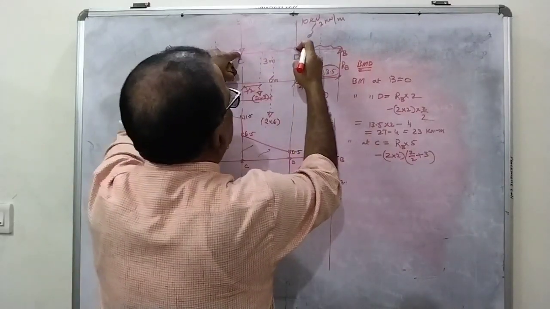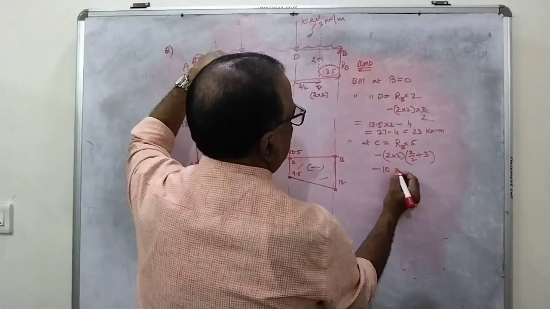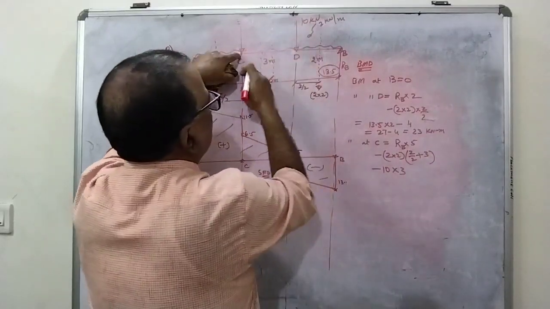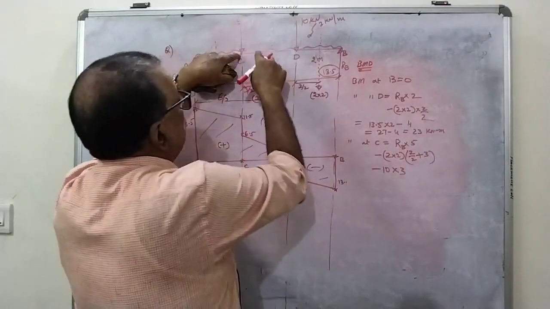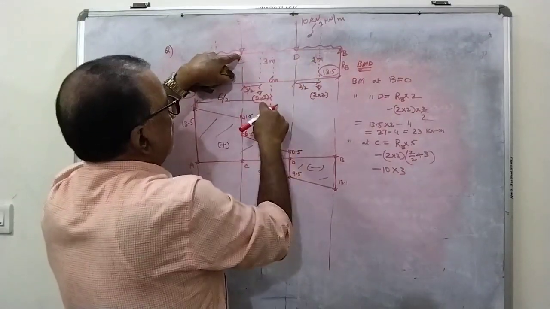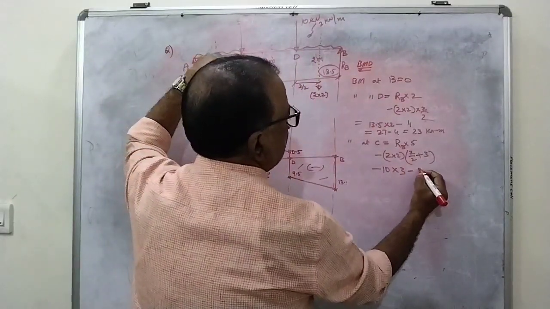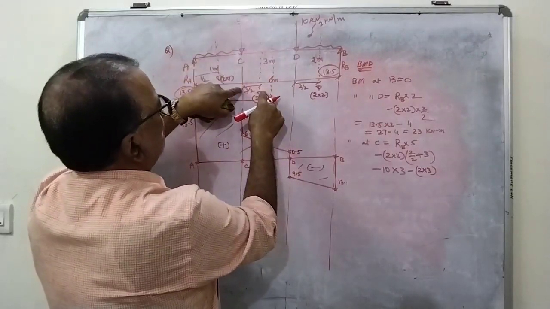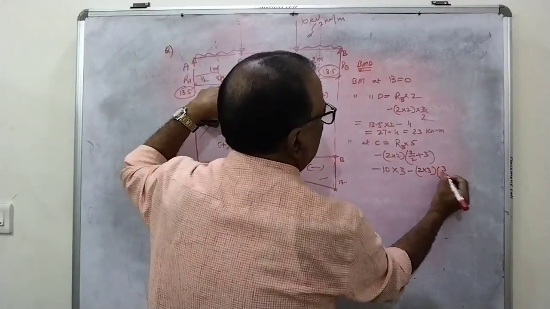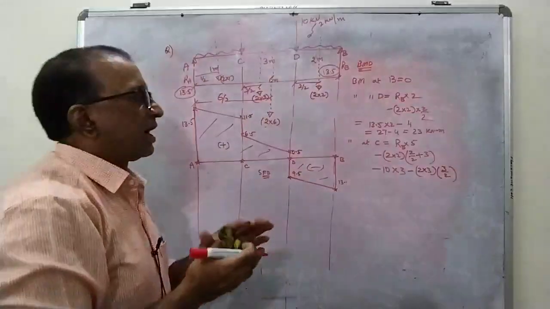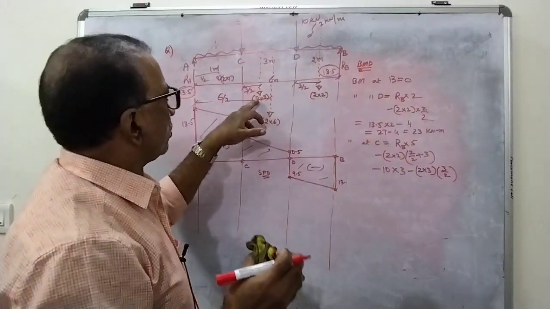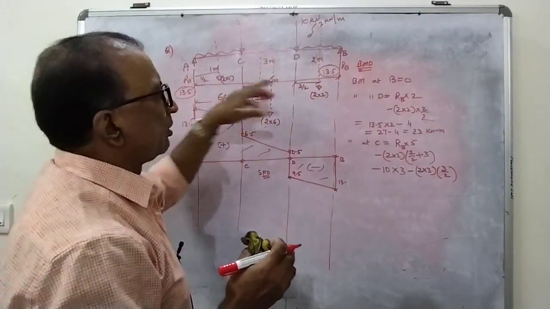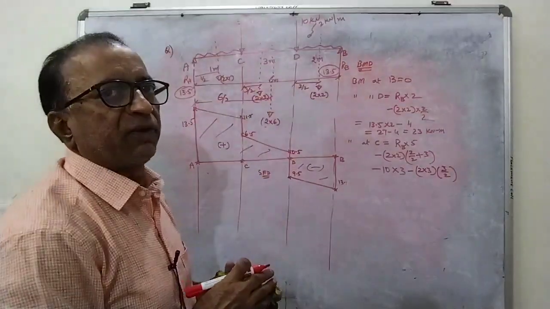Next, let us come to this point load. Minus 10 into 3, right? Next is, in between C and D there is a UDL. Minus 2 into 3 into what is the distance from here to here? You are calculating at C, 3 by 2. So that's why better to draw these small UDLs also, equivalent UDLs, so that it will be easy for you to calculate the bending moments at various points.